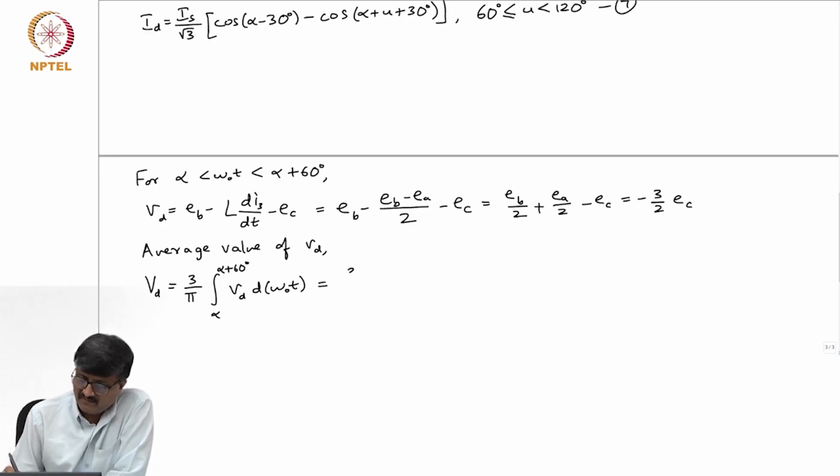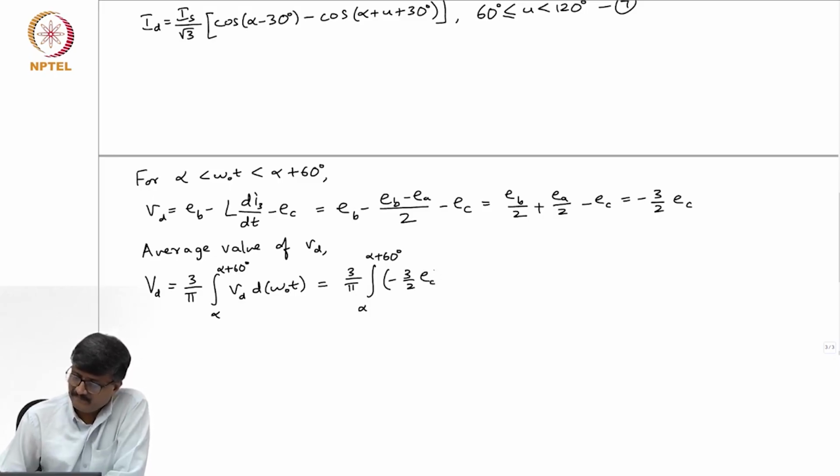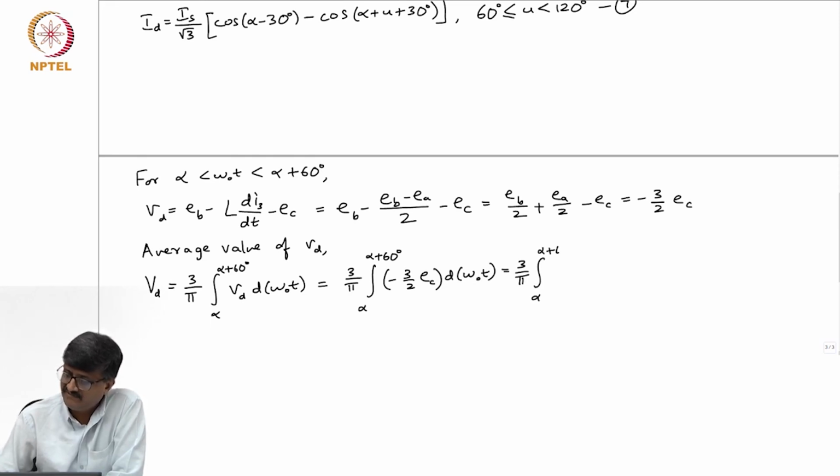then I know the expression for Vd. So just now I got the expression for Vd for alpha to alpha plus 60 degrees. So it is minus 3 by 2, so this is 3 by pi, alpha to alpha plus 60 degrees, minus 3 by 2.